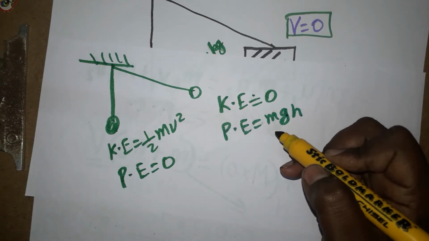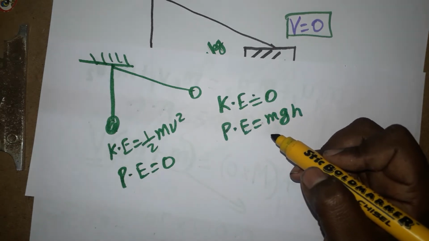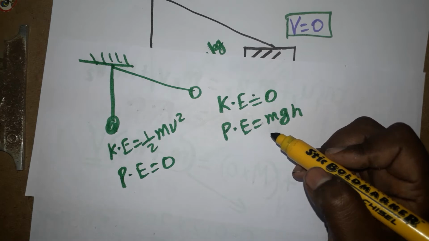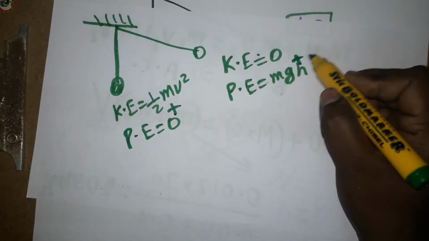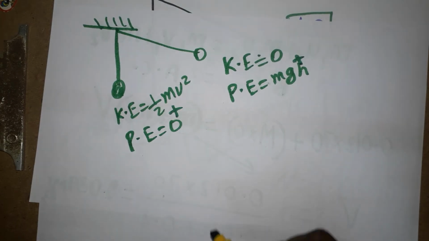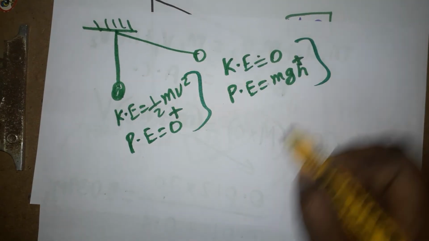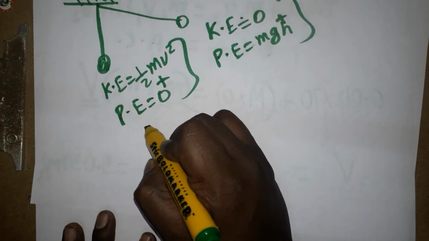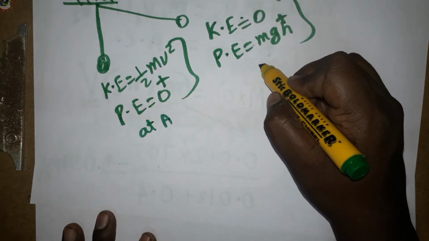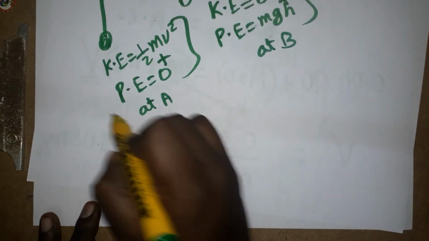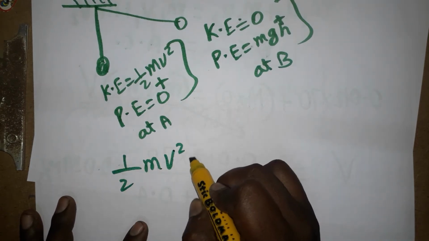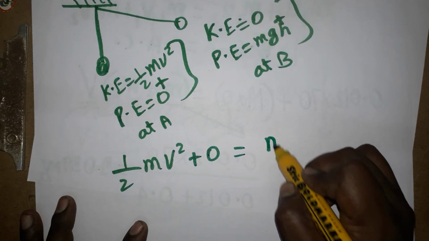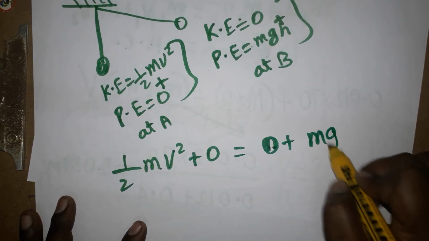Here the mass represents both the bullet and the block together. Total energy is conserved, so I take energy at point A and at point B: half m v square plus 0 is equal to 0 plus mgh.